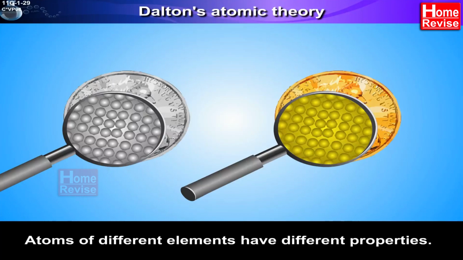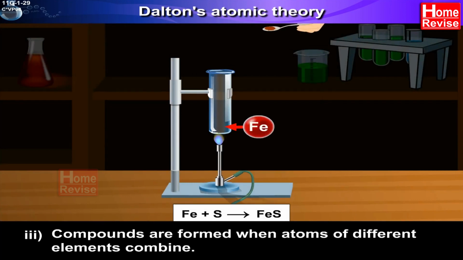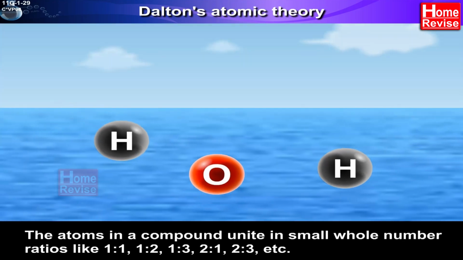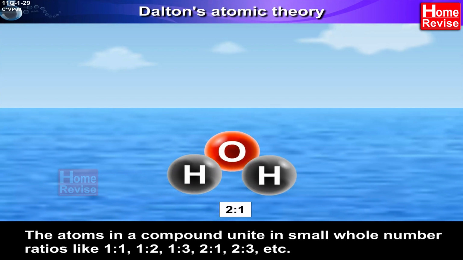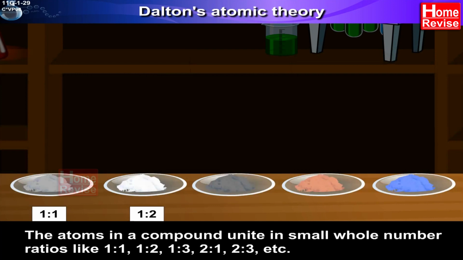Atoms of different elements have different properties. 3. Compounds are formed when atoms of different elements combine. The atoms in a compound unite in small whole number ratios, like 1:1, 1:2, 1:3, 2:1, 2:3, etc.